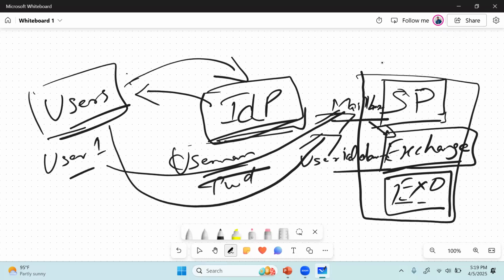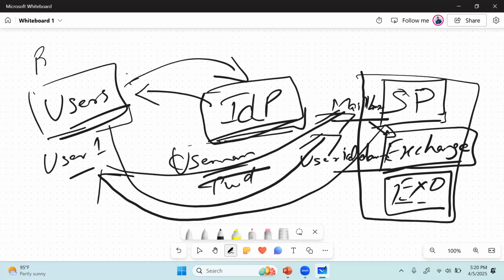The service provider will check his identity, what username he has, what level of access he has, what shared mailboxes he can access, and which data he can access in his mailbox. Then the service provider can provide all the data according to the token he provided, maybe to his browser where he opened web Outlook, or the Outlook application either on his phone or on his desktop.